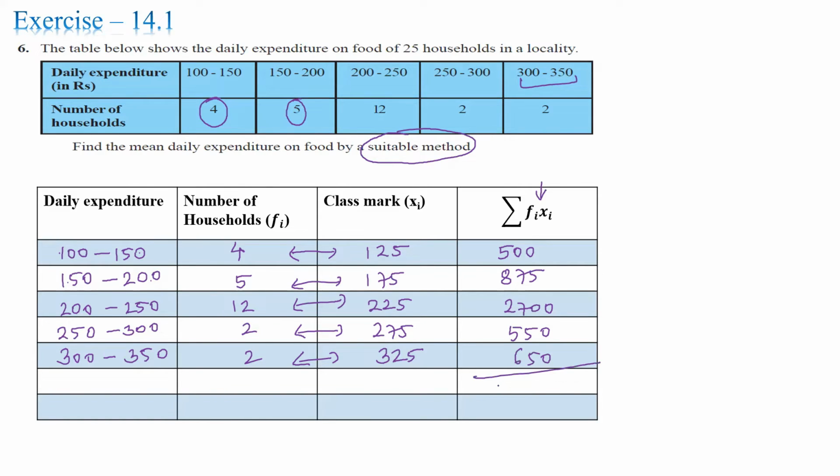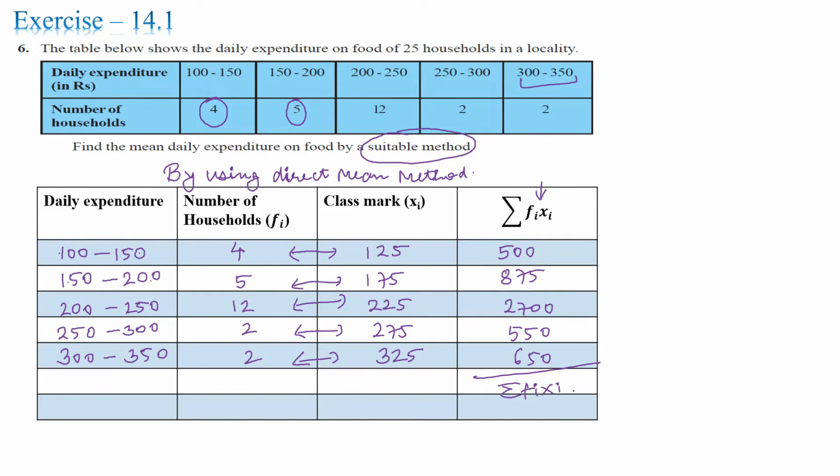Do the summation of these values. This will be your summation of fi xi. And which method are we using? We are using the direct mean method.